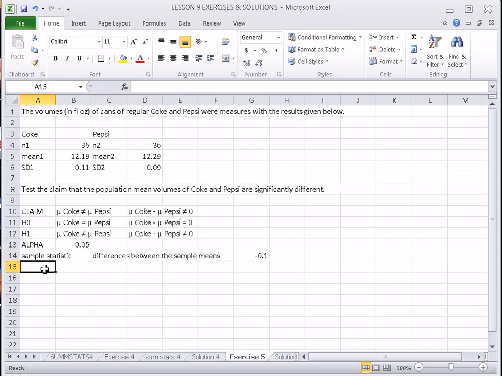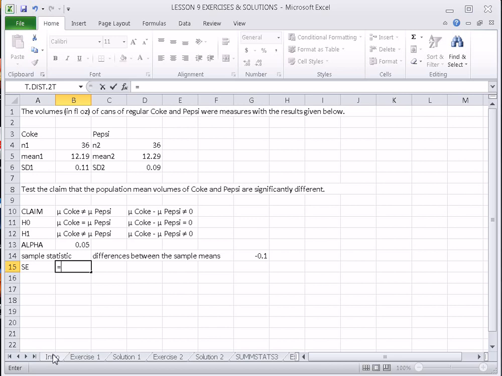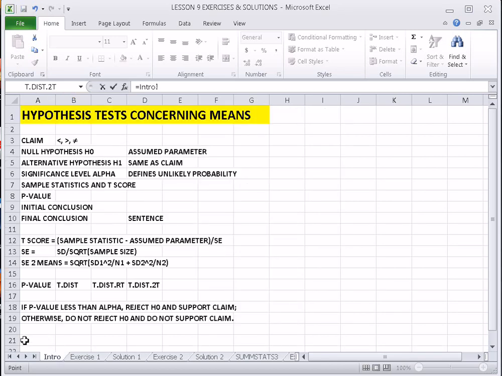Now again, remember we do need a t-score, but to find a t-score we need a standard error. If you recall, back at the beginning, we saw that the standard error is found by taking the square root of the square of the standard deviation for the first sample divided by the first sample size plus the square of the standard deviation for the second sample divided by the second sample size.